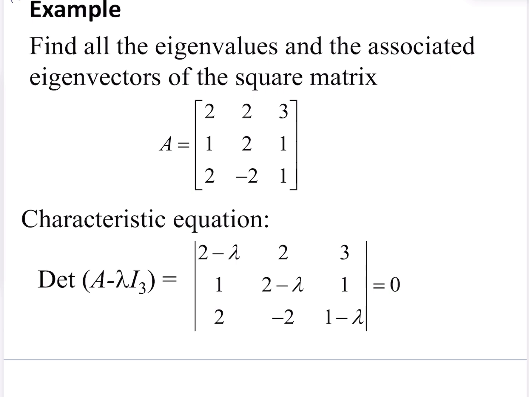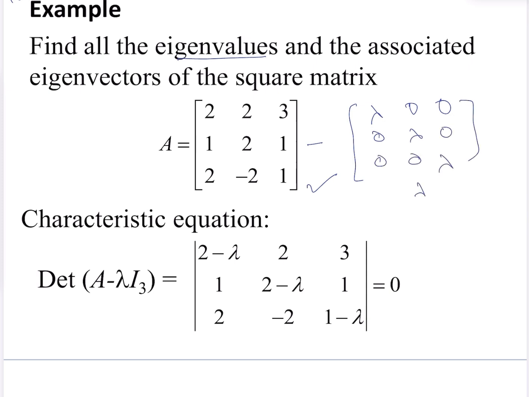So let us see one example. Find the eigenvalues and eigenvectors associated with the square matrix. So now we have to solve A minus lambda I, 3 cross 3 because A is 3 cross 3. So what does lambda I look like? It is the identity matrix multiplied by lambda: lambda 0 0, 0 lambda 0, 0 0 lambda.